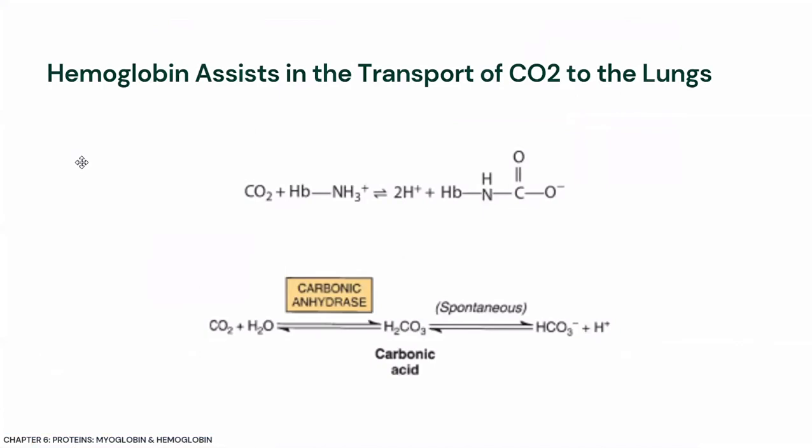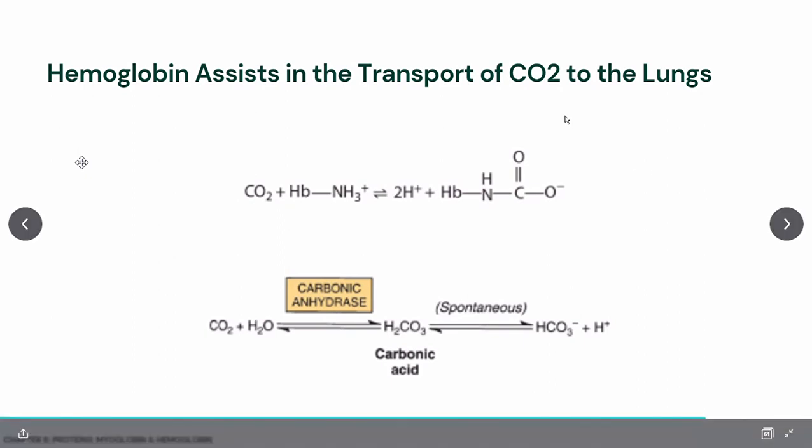Hemoglobin also assists in the transport of carbon dioxide from the tissues through your enzyme carbonic anhydrase. Carbon dioxide plus water becomes carbonic acid, and then spontaneously bicarbonate because of the pH around, and this is the one that is being carried as bicarbonate towards the lungs.